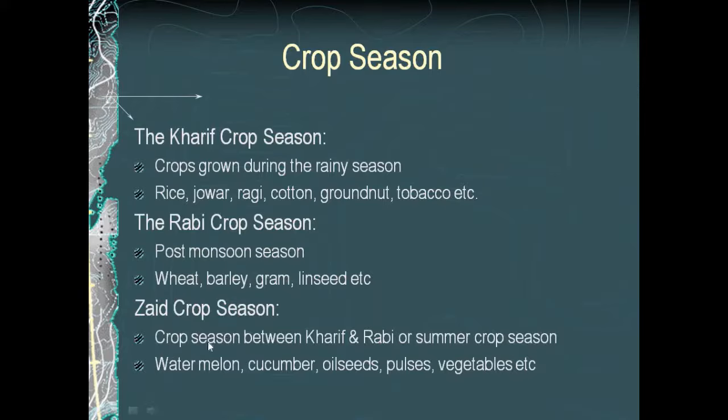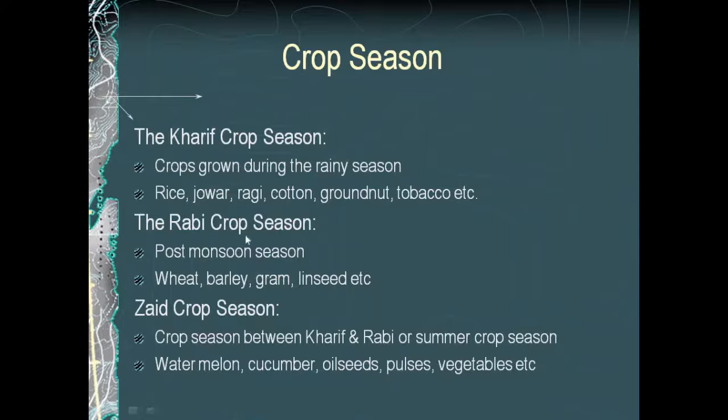And Zaid crop season is between Kharif and Rabi, or the summer crop season. In your textbook it is given like this: crop season between Kharif and Rabi. Actually, Kharif season is the onset of monsoon during the early rainy season, and Rabi is post monsoon, after the monsoon.